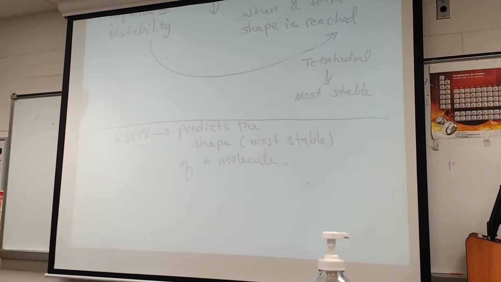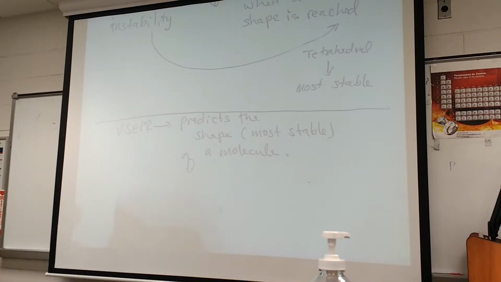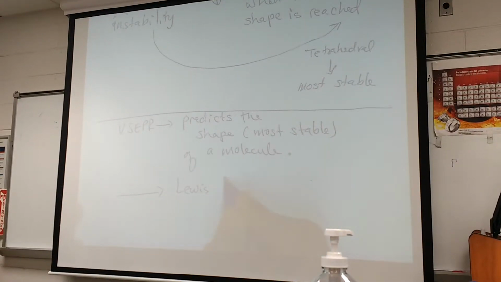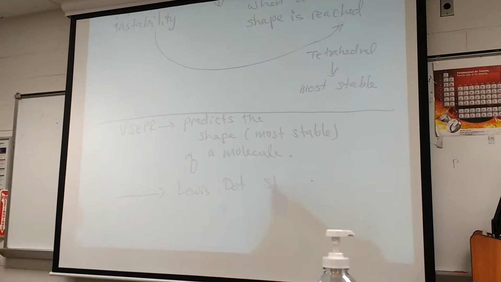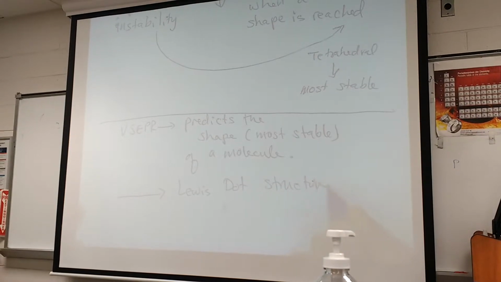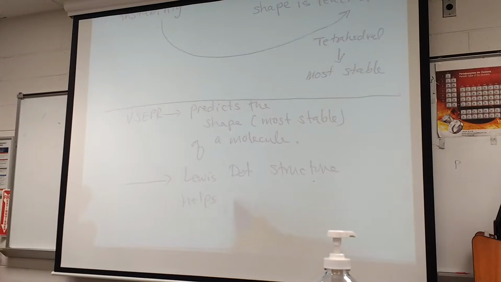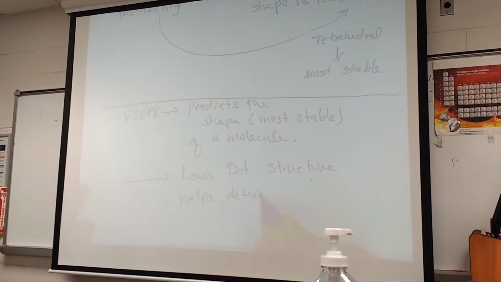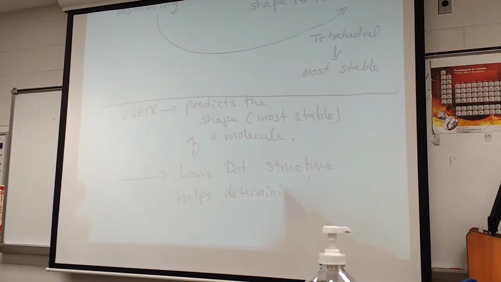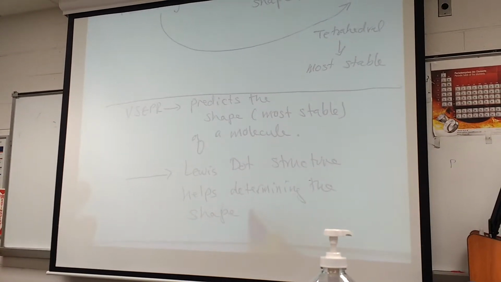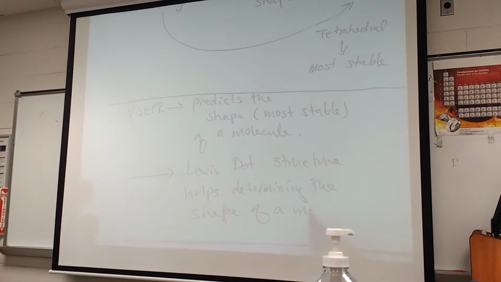In order to get this, we have the Lewis dot structure, which helps determine the shape of a molecule.